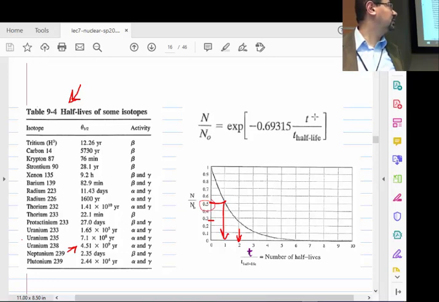You put T here as 3 hours. What's 3 hours? 3 times 60, divided by 76 minutes, it has to be minute over minute. You multiply this by this number, and this is e to the power minus this number, and you get the new population. I can tell you only 1/10 is left after 3 hours. Okay?